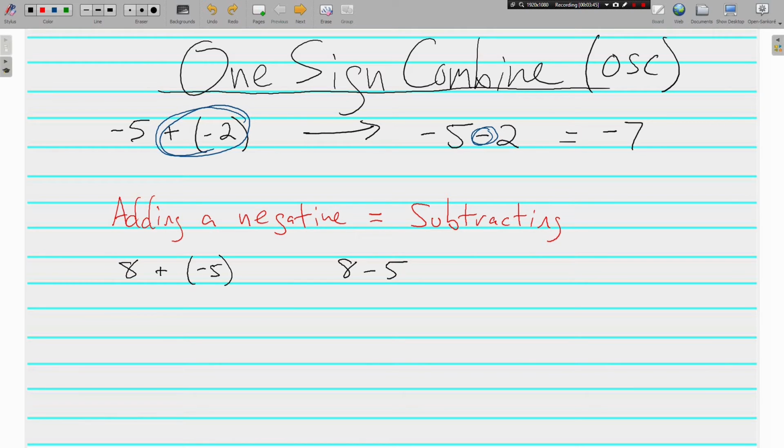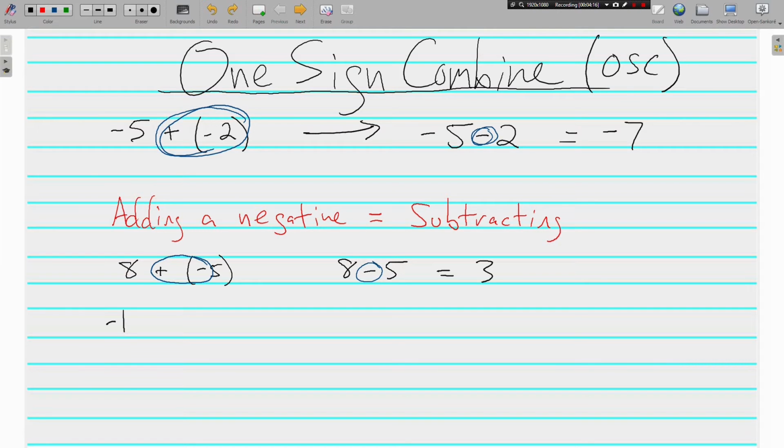Adding a negative, same thing as subtracting. And of course we know 8 minus 5 is 3. But if we were using our combining rules, we have a +8 and a -5. The signs are different, so we subtract to get 3. And the 8 is a stronger number than the 5, so it stays positive.